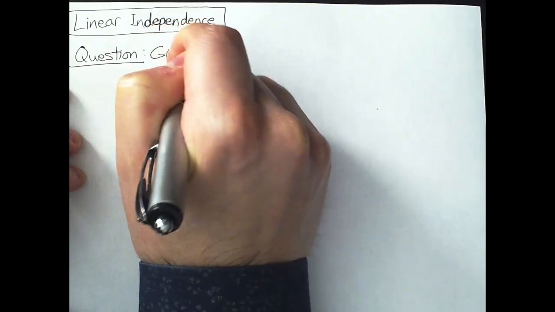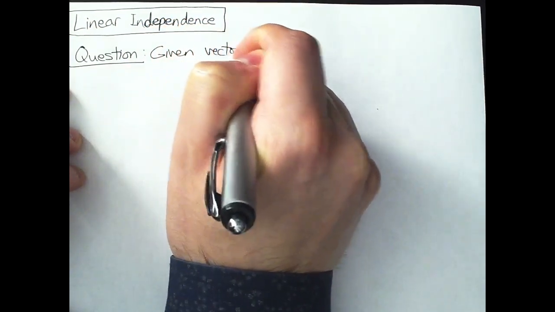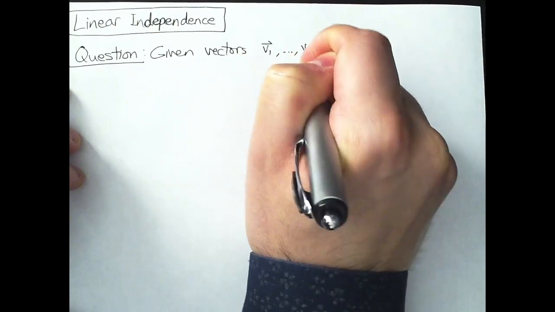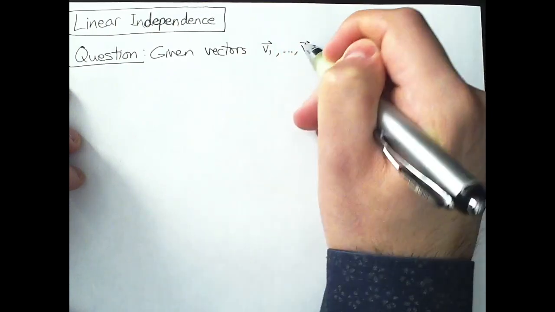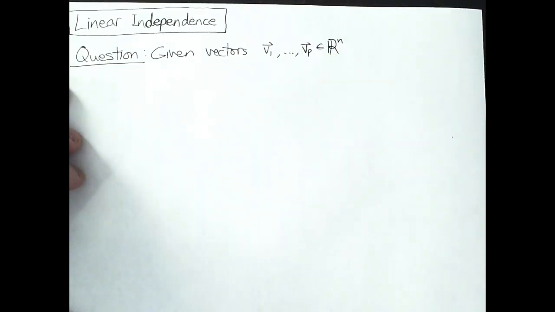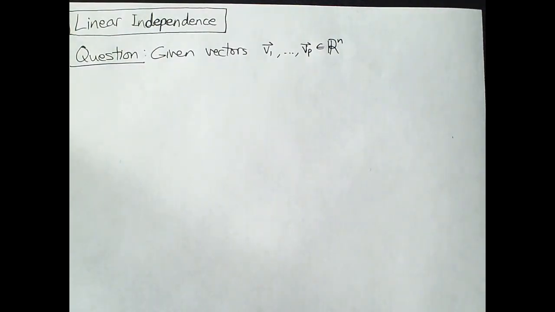Question. Let's say we're given vectors v1 through vp in Rn. So you should know that this means we have p vectors, and each one of them has n entries. That's how tall they are.